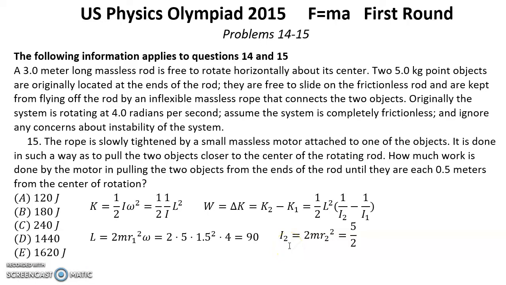I2 in the second position equals M multiplied by R2 square, which is 5 over 2. I1 equals M multiplied by R1 square, which is 45 over 2.